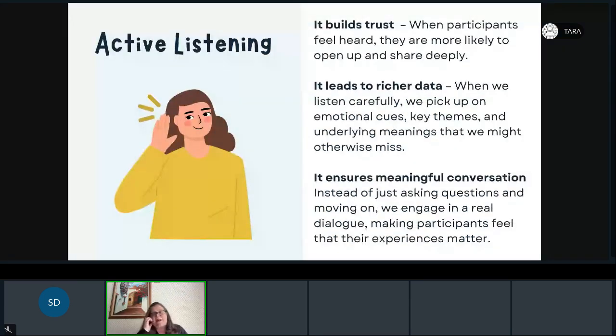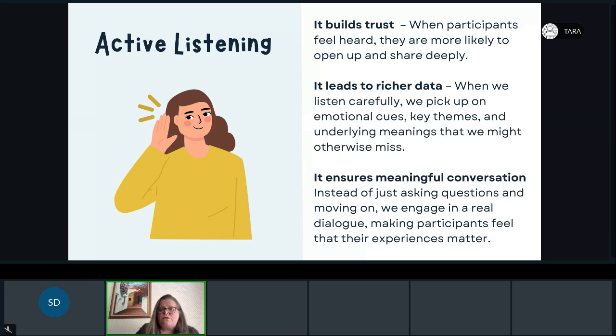Now, I said I was going to get back to active listening, and this is one of the most important skills in qualitative interviewing. This is where you absorb the participant's message and you respond in a way that shows you understand and value their perspective, creating a space for them to fully express themselves. It builds trust, it leads to richer data, it ensures meaningful conversation.